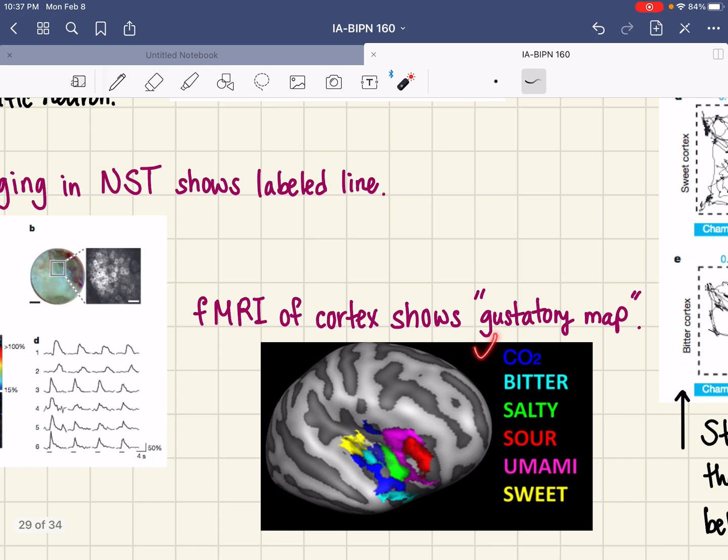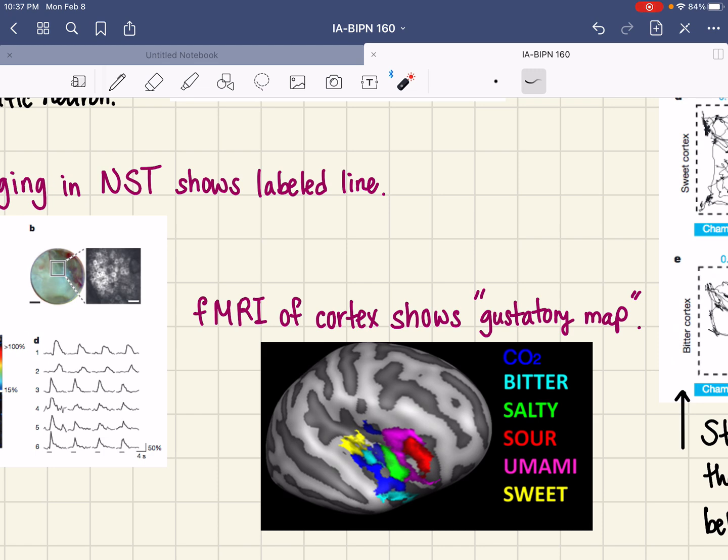This image just shows us beautiful colors, and it shows the cortex by fMRI. And I call this, you probably shouldn't call this, but I just call it, quote, gustatory map, because this tells us exactly which area of the cortex responds to which type of taste.